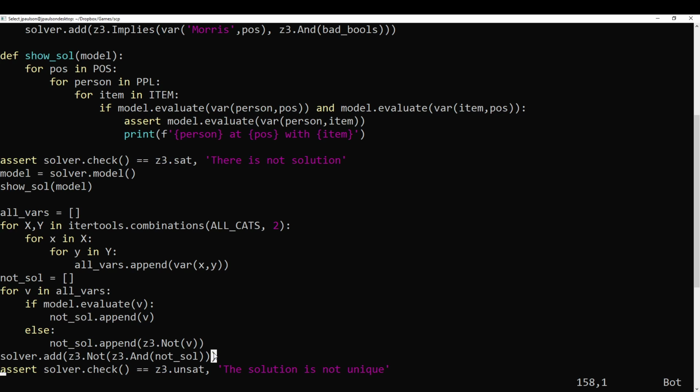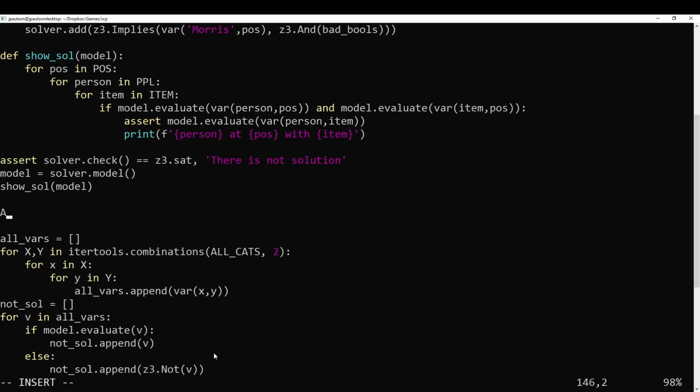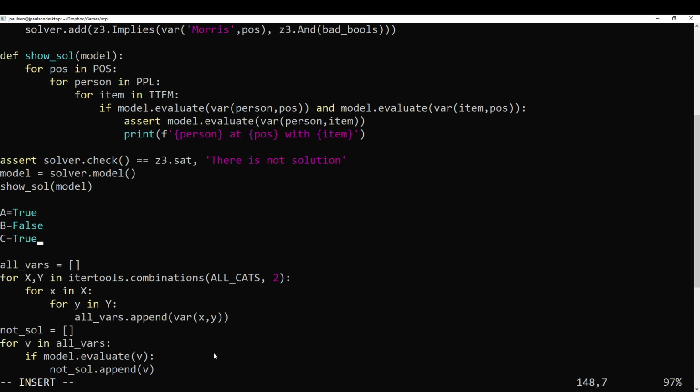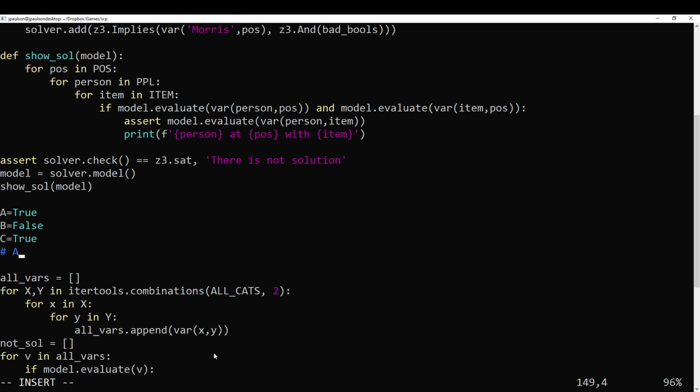So if we found the solution A equals true, B equals false, C equals true, imagine there's just 3 variables, we would add the condition that we don't want it to give the same solution it gave before.